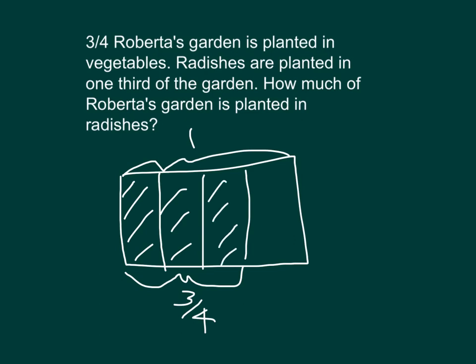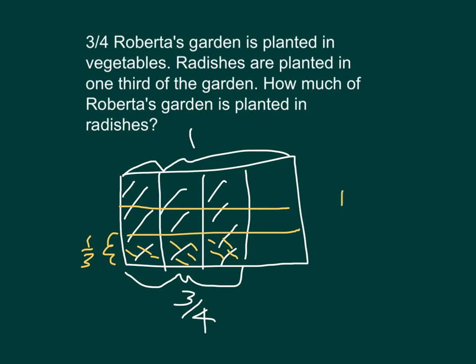And then it says, out of that 3/4, we're only looking at 1/3 of it. So we draw horizontal lines to represent the thirds, and shade. So as you can see, this is 1/3 of the 3/4, which is 1, 2, 3 out of the 12.